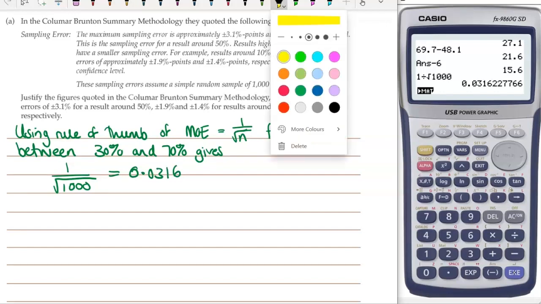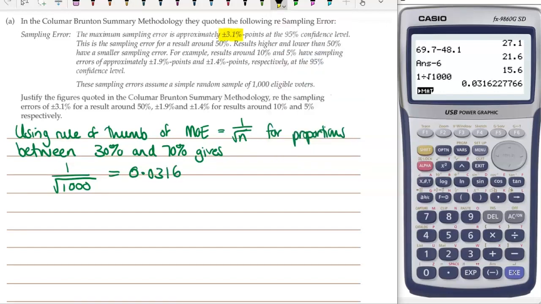Now in this paragraph here, it was quoted as being plus or minus 3.1%. Percentage, that's 3.16%, so it's close enough to the 3.1% being used there. For more extreme results, we have to use a slightly different formula.